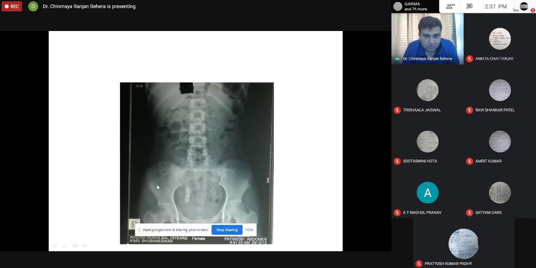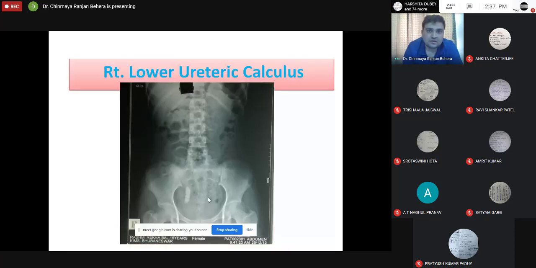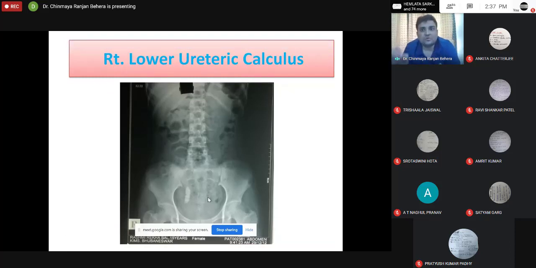Now come down, bone is okay, but what you see here are multiple radio opaque densities. So this is a case of a right lower ureteric calculus.